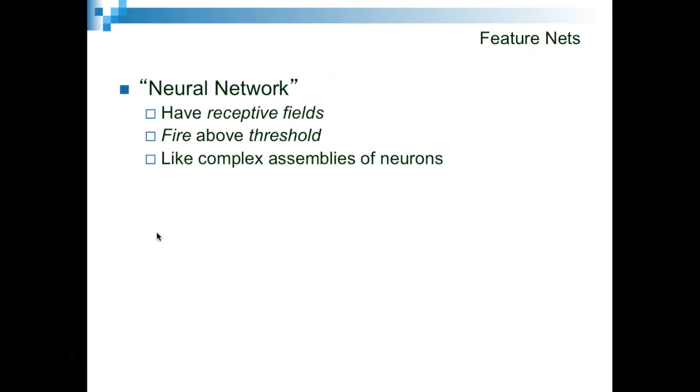Where are we? Receptive fields. I'm not sure if I've used this word with you or not. A receptive field, it's not a clear word based on what you'd guess. The receptive field of a neuron is the thing out in the environment that makes the neuron fire.